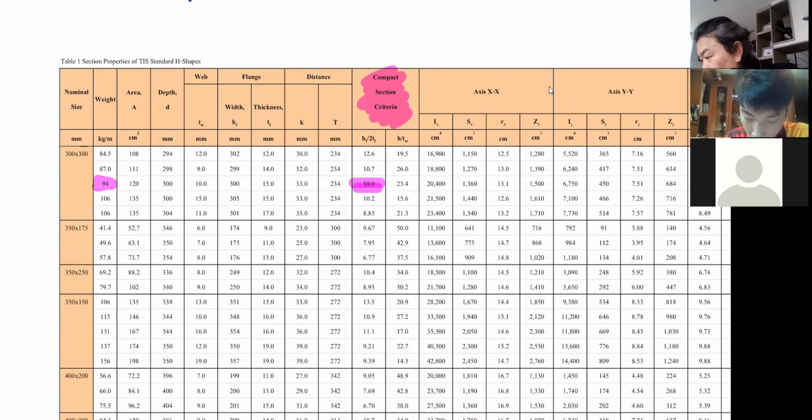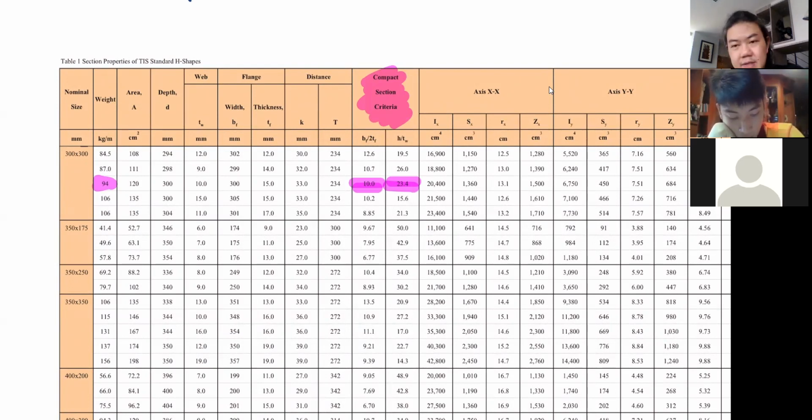And H over TW is also exactly the same. So keep a good hold on this table because I have developed them to be exactly like the tables provided by AISC design manual. So it has every property you ever need.